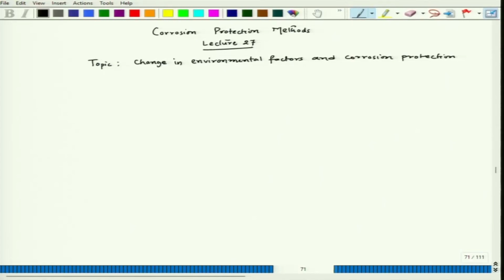So let us look at the influence of oxidizer addition in the case of an active passive metal with respect to mixed potential theory. Then we would realize why this situation arises, that addition of oxidizer leads to improvement in corrosion resistance. So let's look at the effect of oxidizer addition on active passive metal.